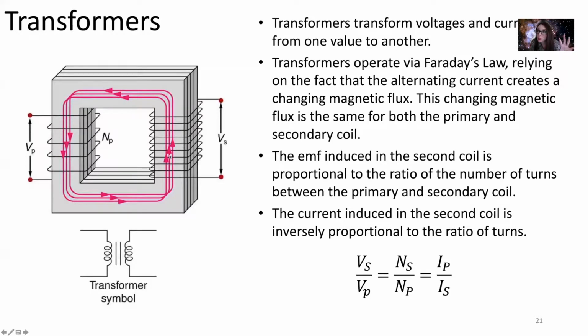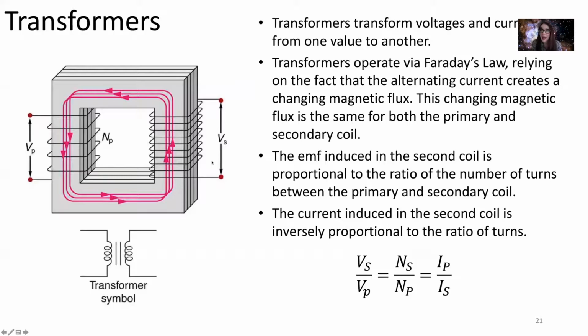So you induce an EMF on both of these coils, but that changing magnetic flux is the same for both of these coils. So you can take the ratio of the input voltage to the ratio of the output induced voltage on this other side.